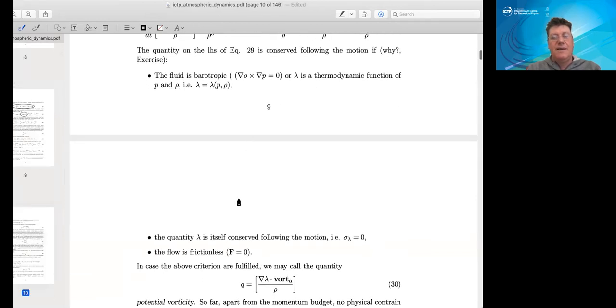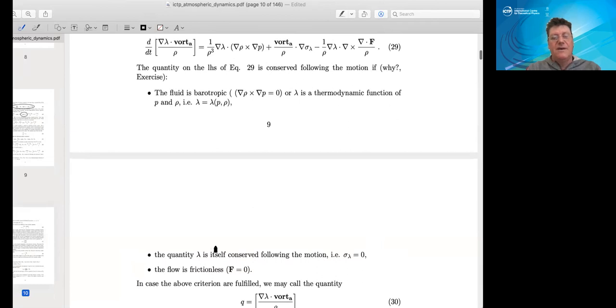It's enough already that the quantity lambda is conserved itself. So here comes into play that we may consider, for example, the entropy, because the entropy for adiabatic reversible motion, if you have learned in your thermodynamic course, is a conserved quantity.